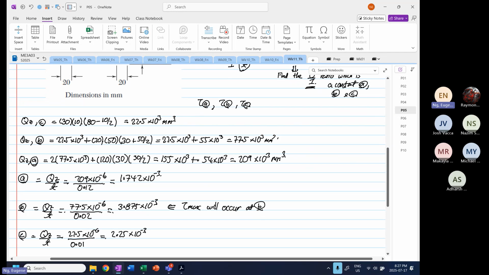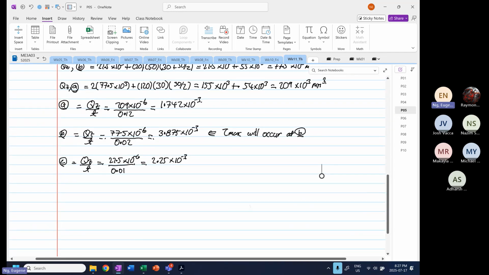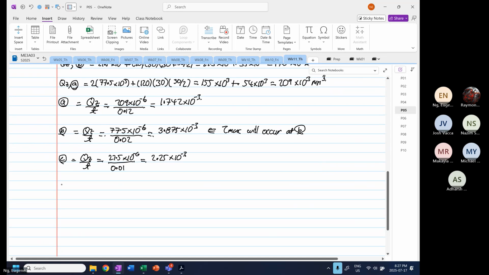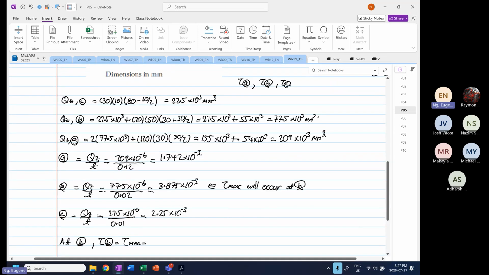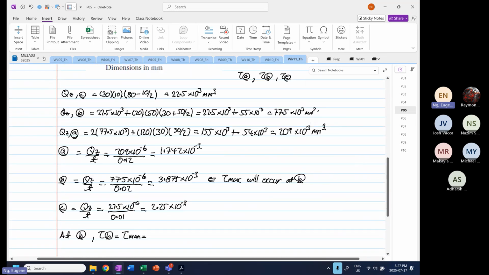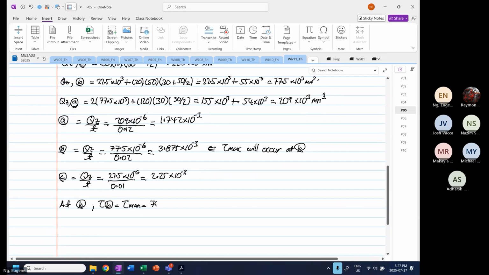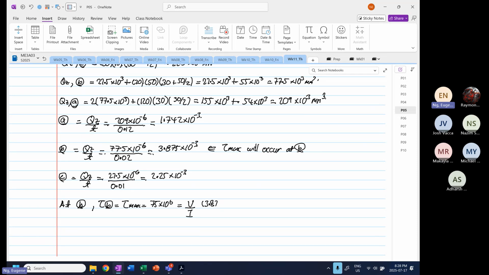Okay. So when this is the case, we know that at point B, tau at point B, which is equal to tau max, which is given to us as 75 times 10 to the power 6, is equal to V over I times QZ over T. V over I is constant regardless of whether it's point A, B, or C. And QZ over T is equal to 3.875 times 10 to the power minus 3.